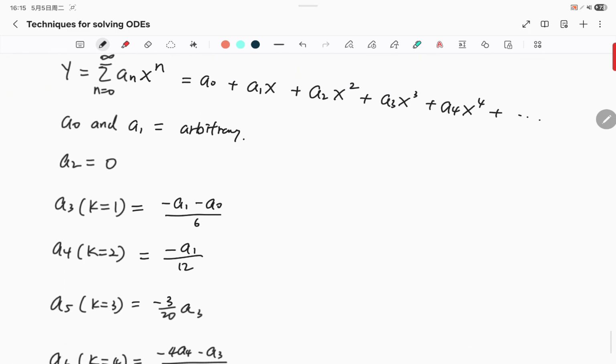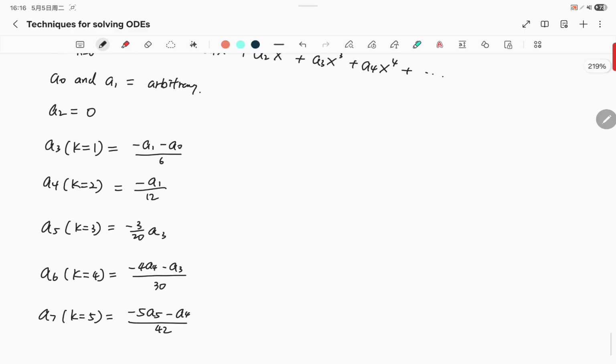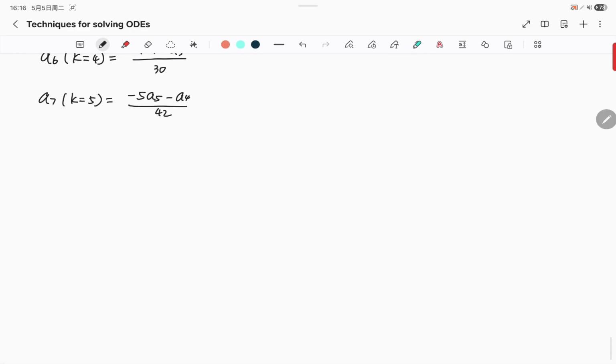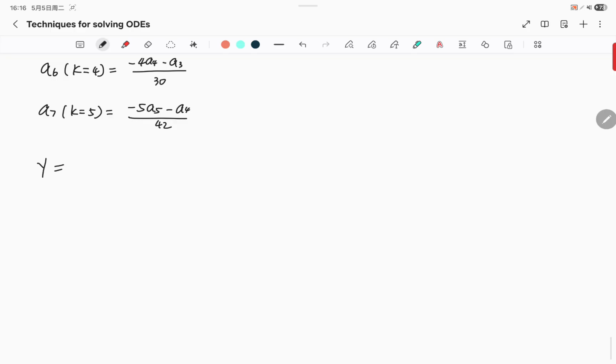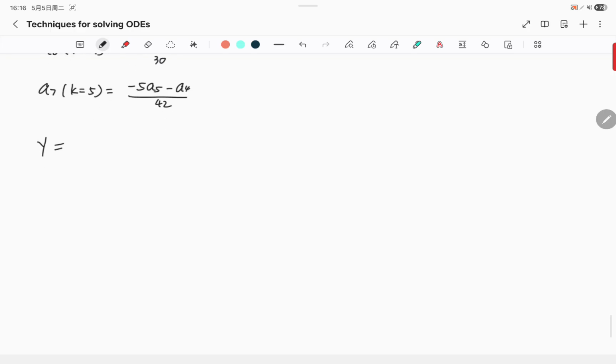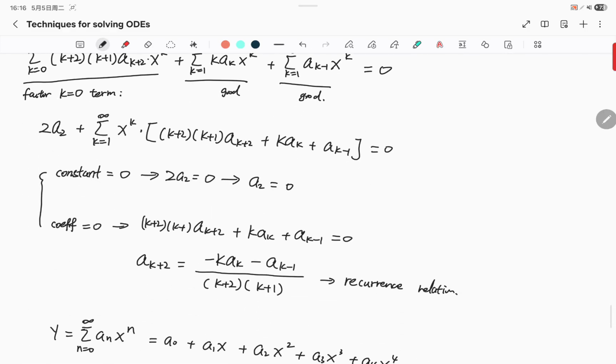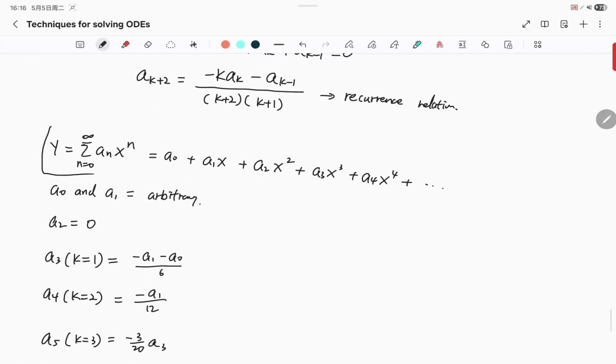If the question asks for, I don't know, 1, 2, 3, 4, 5, 6, 7 non-zero terms, we already have them. So we can write y is equal to what? That's why I wrote this earlier. Where is it? Here. I'm gonna use this.